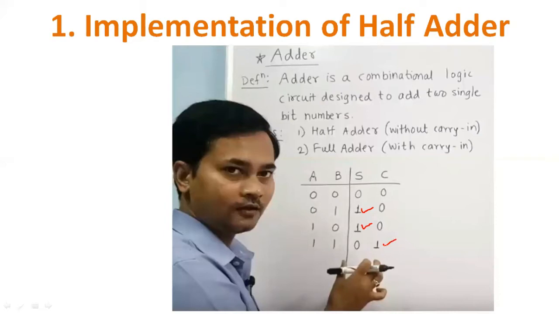Now we have to draw the K map for sum and carry. We have to write the ones in the particular cell where the output is actually 1. So for these combinations we will have ones in the K map for sum, and for this combination we will have 1 in the K map for carry equation.